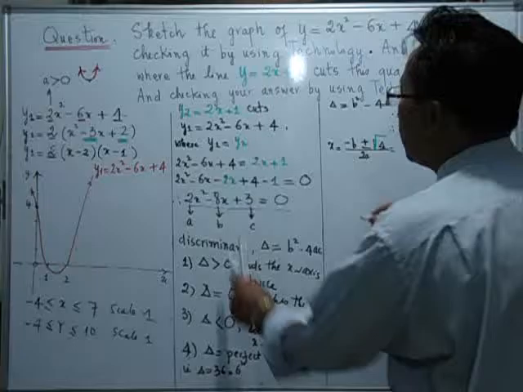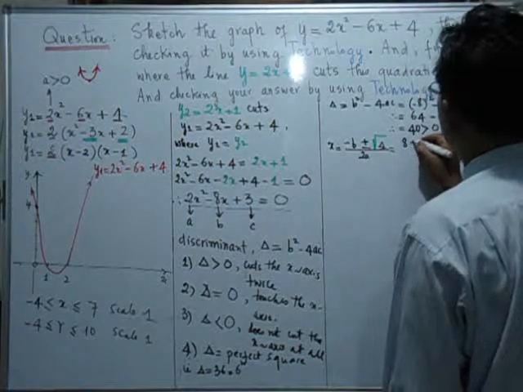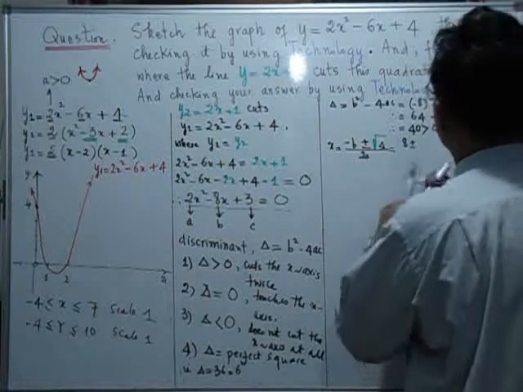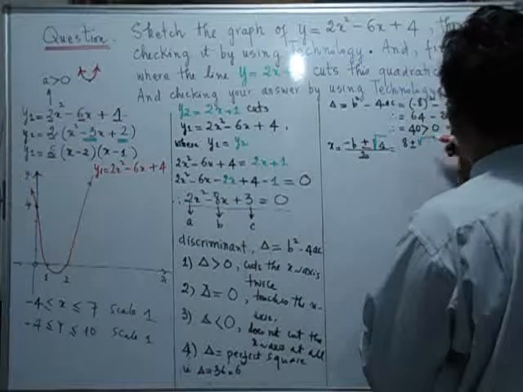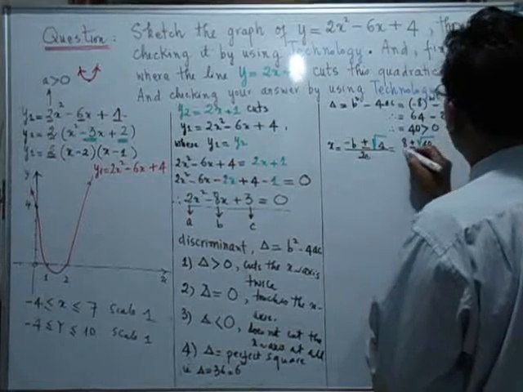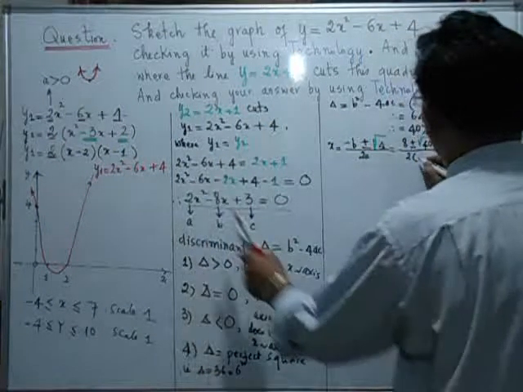We have minus minus 8 gives us plus 8, plus or minus square root of 40, divided by 2 times 2.